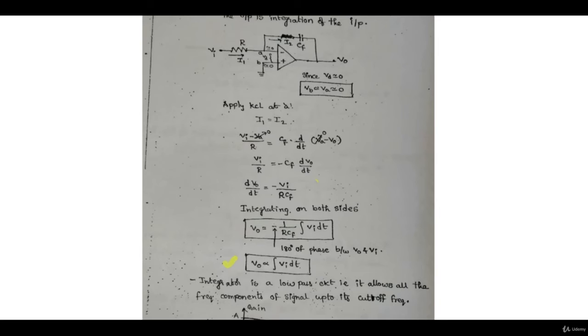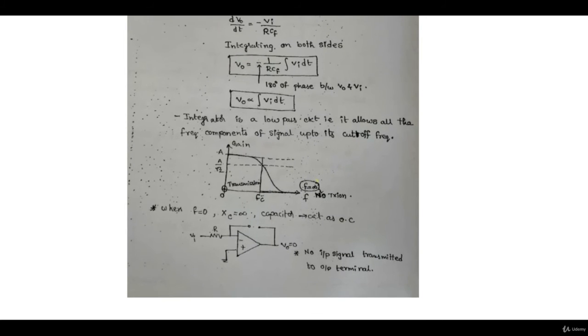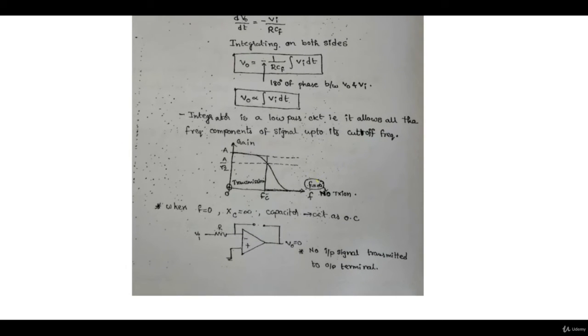And the integrator behaves as a low pass circuit. The differentiator works as high pass, while this works as a low pass circuit. If you apply a signal at the input of this circuit at low frequencies till Fc, the signal will be passed, but as you go beyond Fc, your signal will be blocked.